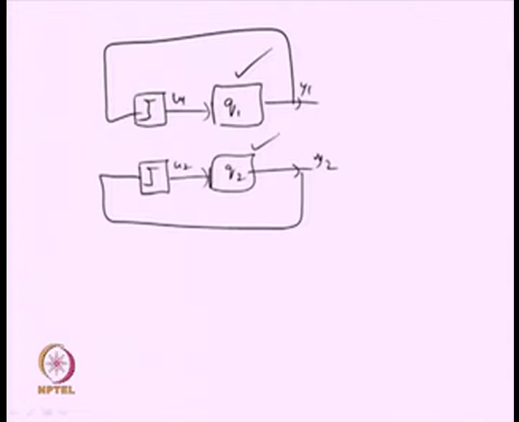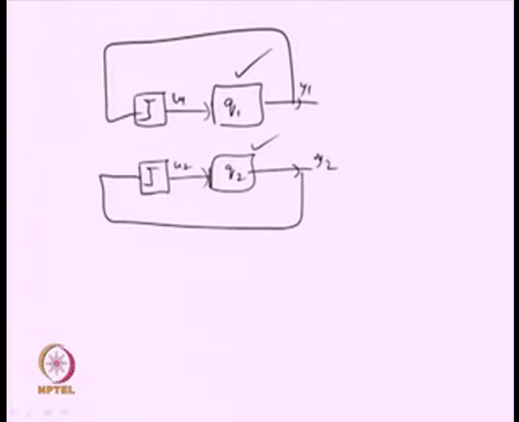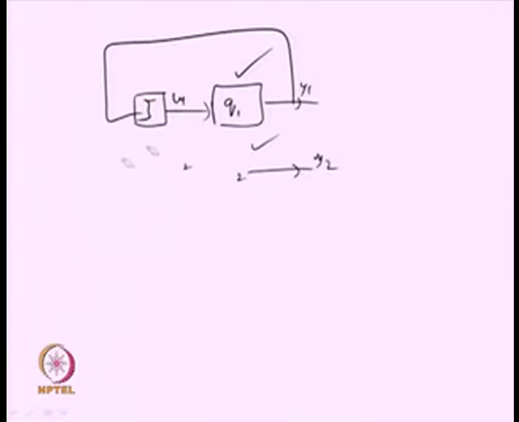Basically, how can we develop a model such that instead of having loop interactions or instead of representations of TITO by a transfer matrix, we can have two single input, single output dynamics for the whole TITO system, and that is the beauty of the technique. So, once we develop the technique for the upper case, then it will be extended for the lower case as well with very ease.